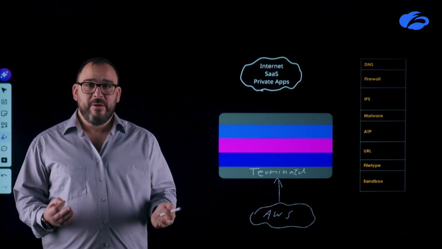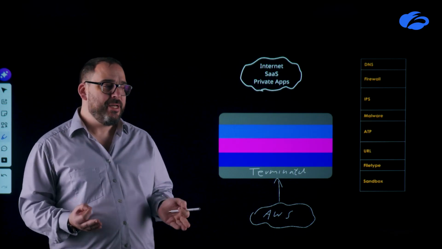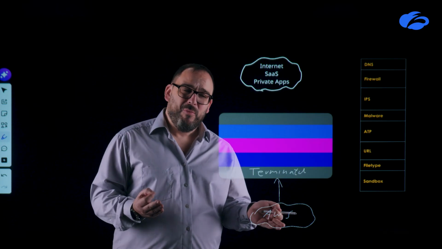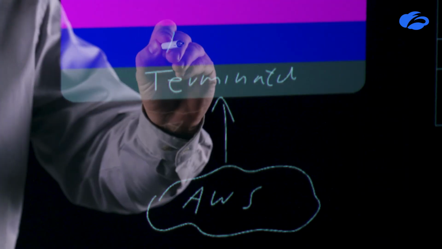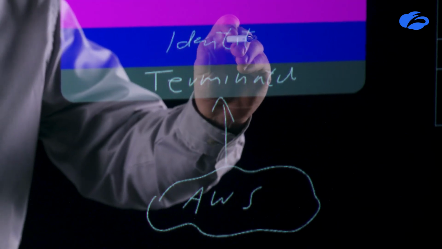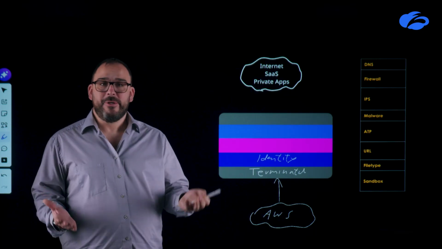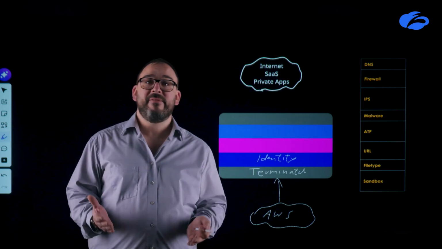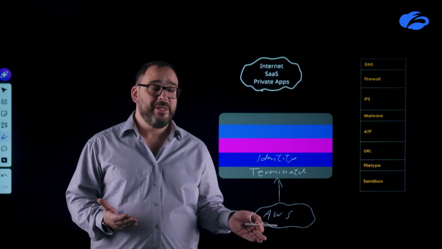With this, we ensure that we have full capabilities to inspect the entire traffic. But what we really first start with is that we verify the identity of your workloads. So it's not just important for your users to be correctly identified, it's even more important for your workloads, for your servers, for your really important applications.